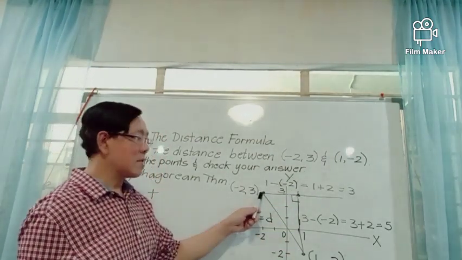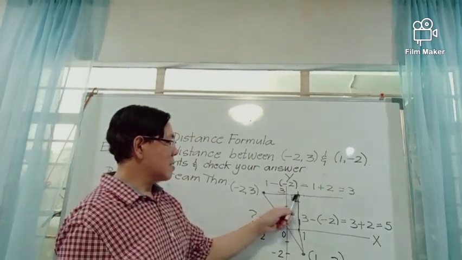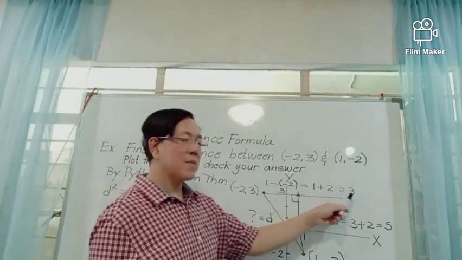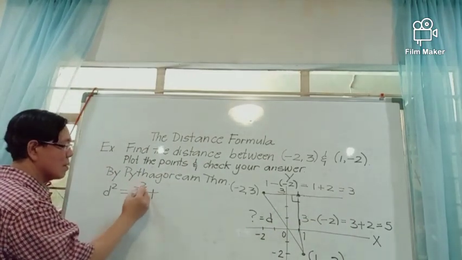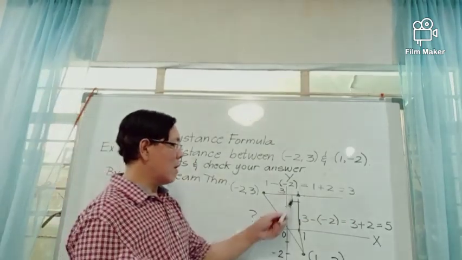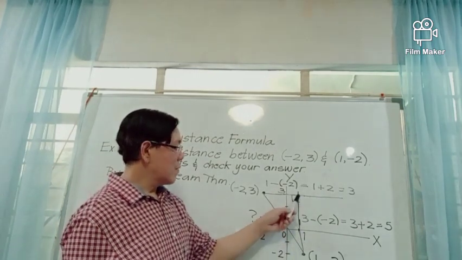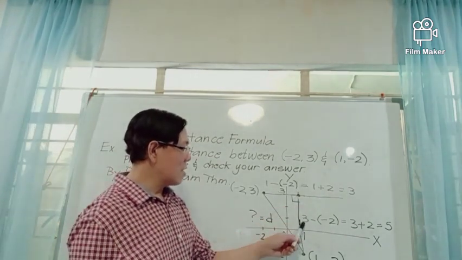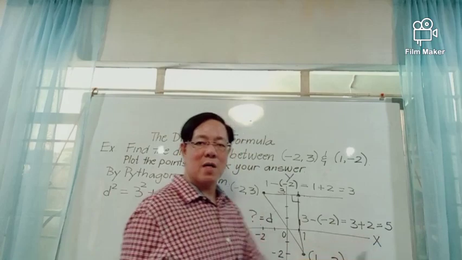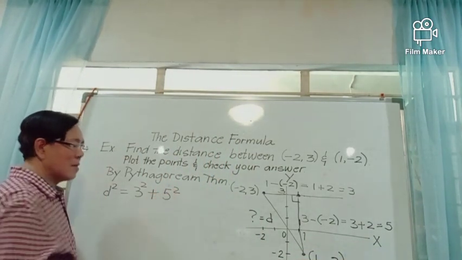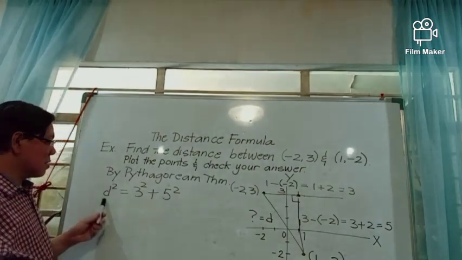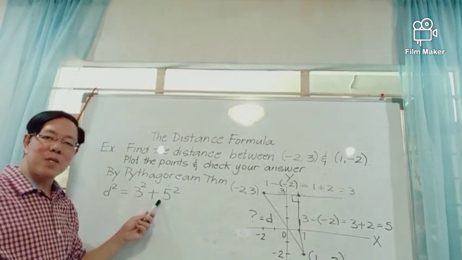We start with this side. This side has a length of 3, and square it, plus the square of this side. We have shown the length of this side is positive 5. Square it. So this is the equation we obtained by Pythagorean theorem.